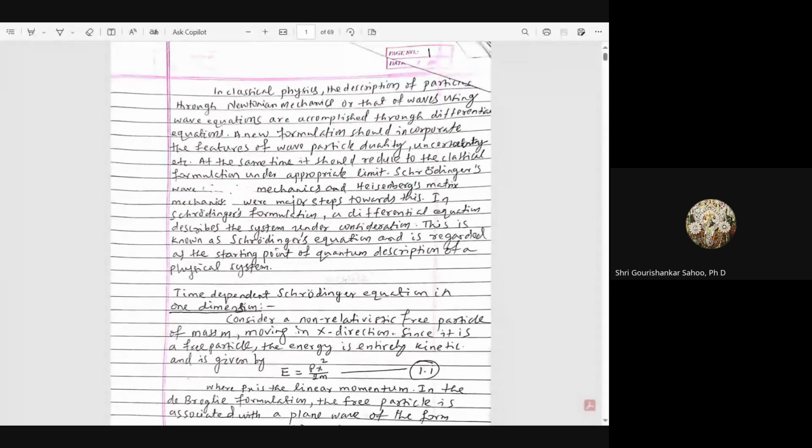At the same time, it should reduce to classical formulation under appropriate limits. Schrodinger's wave mechanics and Heisenberg's matrix mechanics were major steps towards this. So in Schrodinger's formulation, a differential equation describes the system under consideration. This is known as Schrodinger's equation and is regarded as the starting point of the quantum description of a physical system.